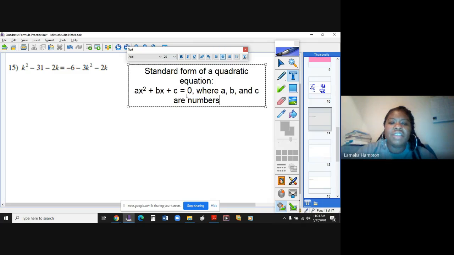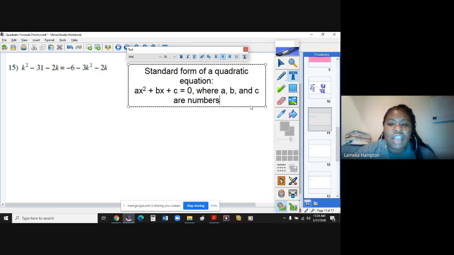Remember, a, b, and c are numbers. a and b would be the coefficients, and c would technically be called the constant. But just to make everything clear, a, b, and c are the numbers. That is what you want.